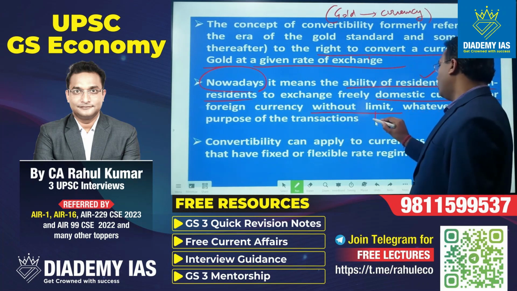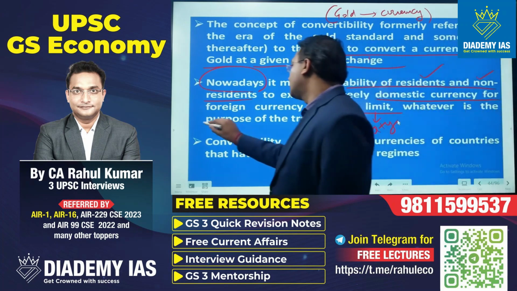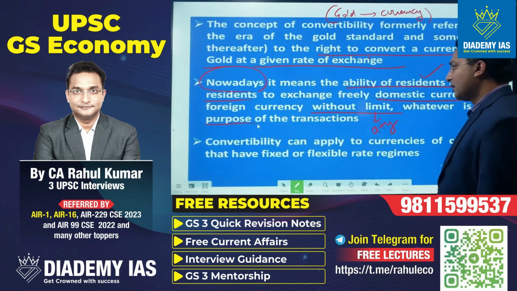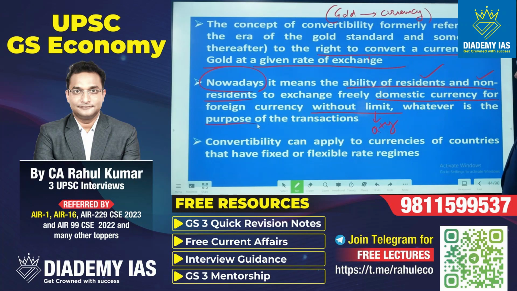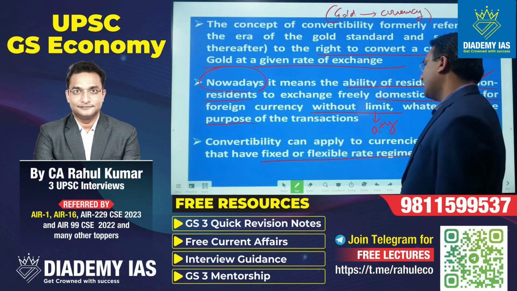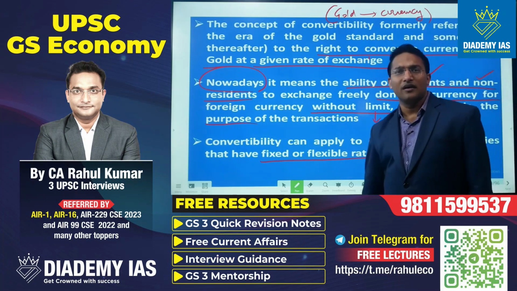There is no limit over the quantity, and no restriction on the purpose either. Convertibility can apply to currencies of countries that have fixed or flexible exchange rate regimes. So in both regimes, this convertibility is applicable.